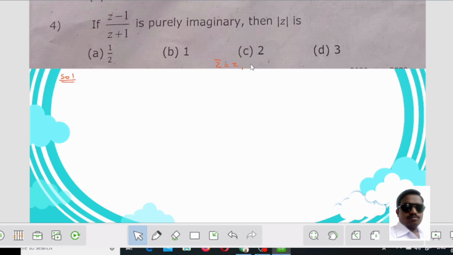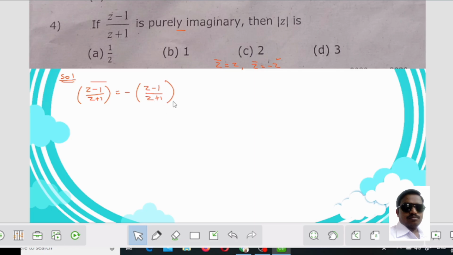Whenever a complex number is purely imaginary, z bar equal to minus z. This is the property. Here they are giving purely imaginary, so we have to use z bar equal to minus z. Instead of z, they are giving a complex number of the form z minus 1 by z plus 1. So if z minus 1 by z plus 1 is purely imaginary, then by the property, z minus 1 by z plus 1 whole bar equal to minus z minus 1 by z plus 1.